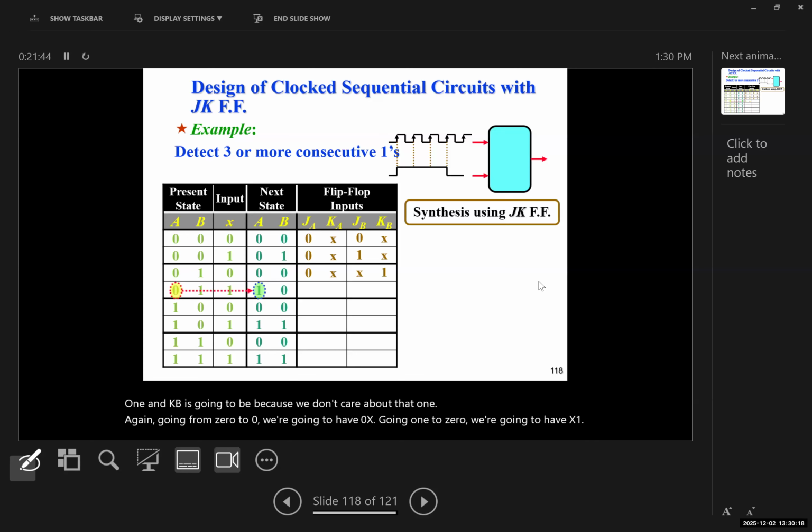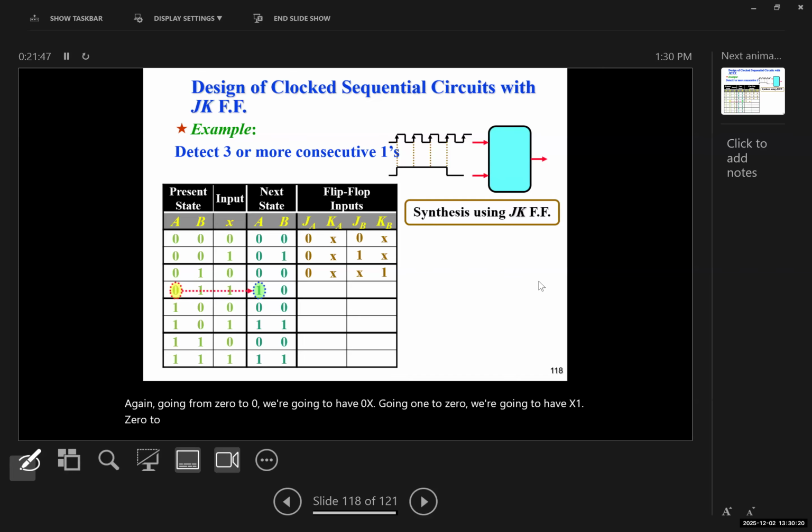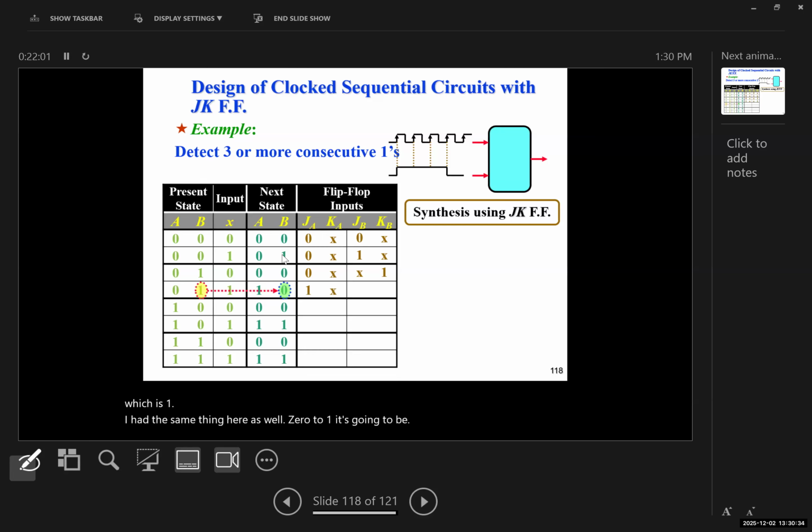0 to 1 is going to be what? Can you help me on this one? I'm going from the present state, which is 0, to the next state, which is 1. I had the same thing here as well. 0 to 1, it's going to be 1X, and going from 1 to 0 gives us X and 1. Again, going from 1 to 0 gives us X and 1.